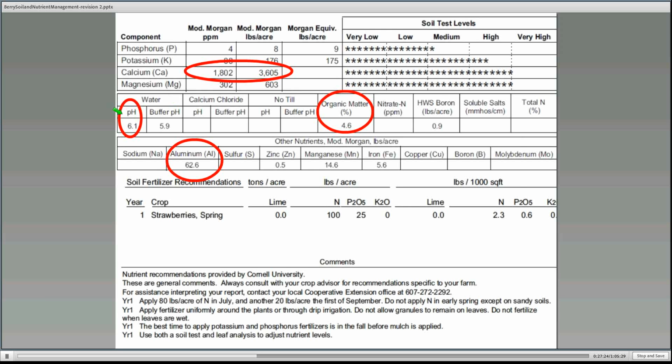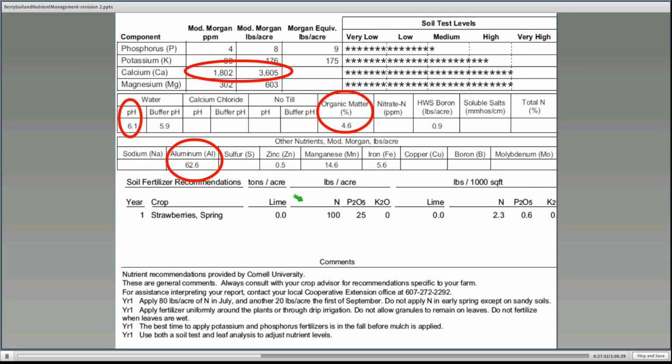pH 6.1, and looking at strawberries as the intended crop, we're close to the range that's recommended. And then organic matter, we talked about the fact that you wanted 3% or more, and in this case you have 4.6%. Aluminum, we said that you had to have 300 pounds per acre or more to have problems with toxicity from aluminum, and it looks like we're okay in this case.